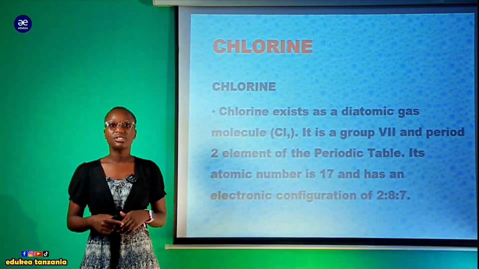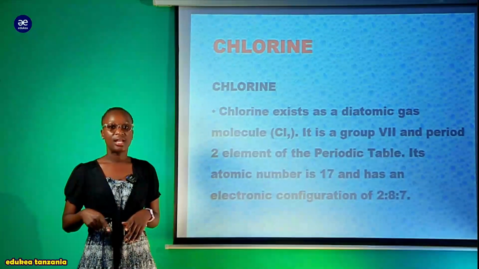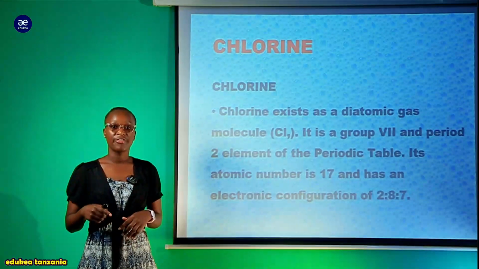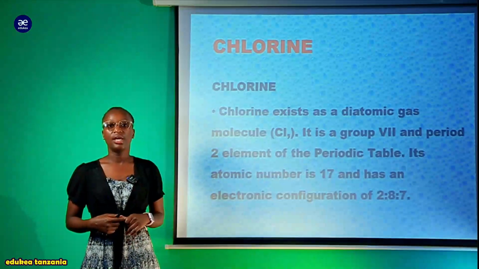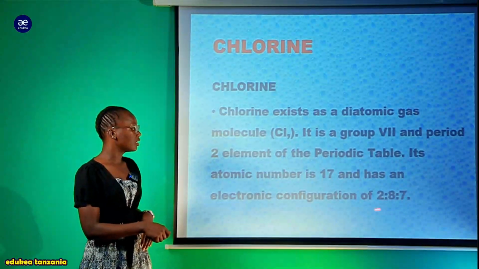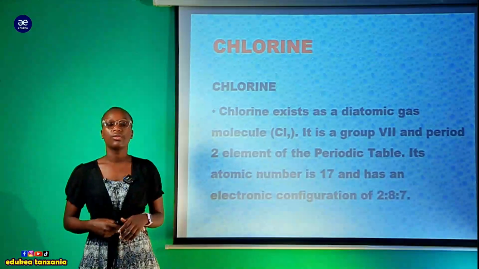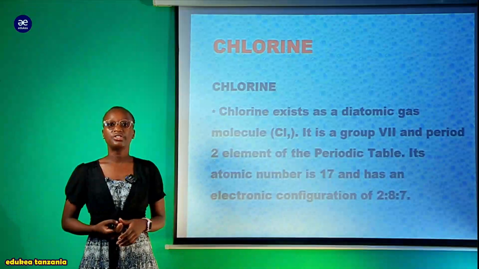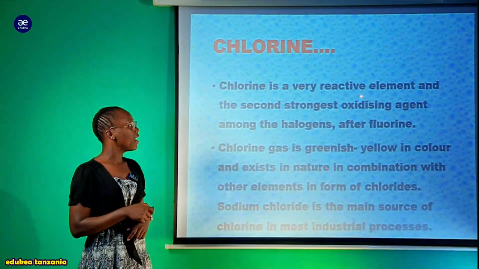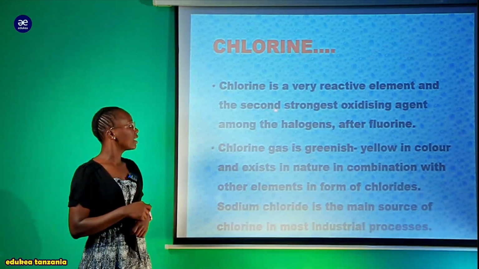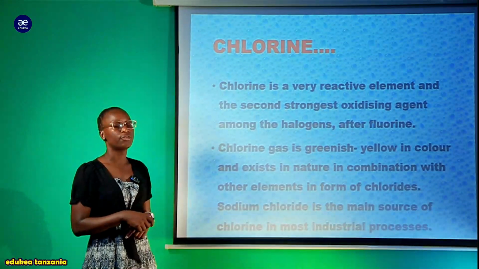But the outermost shell, which is the third shell, in the electronic configuration, it has 7 electrons. So this electronic configuration makes the full number of electrons, or the atomic number of chlorine, which is 17.